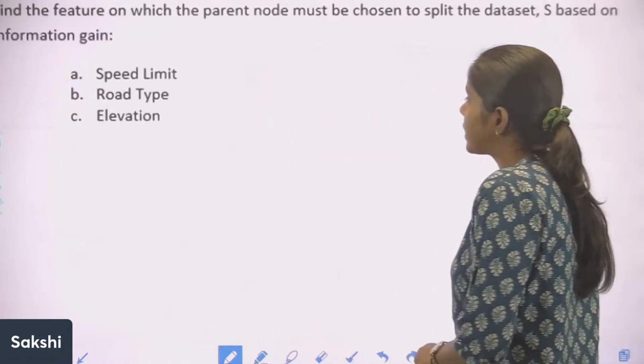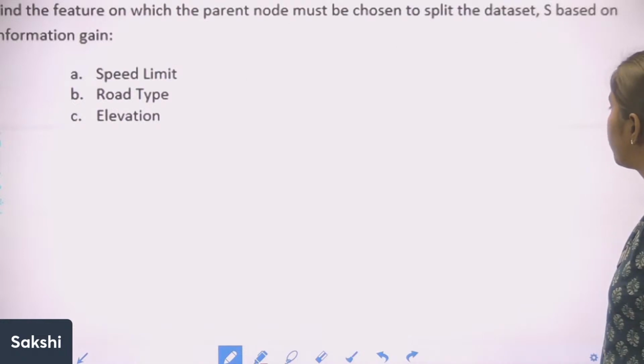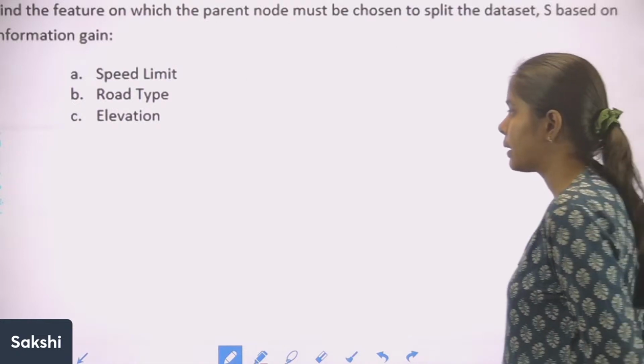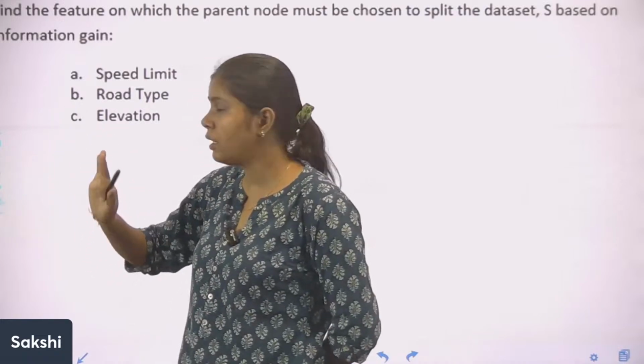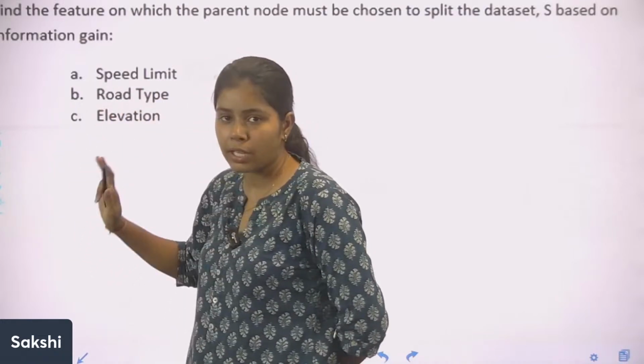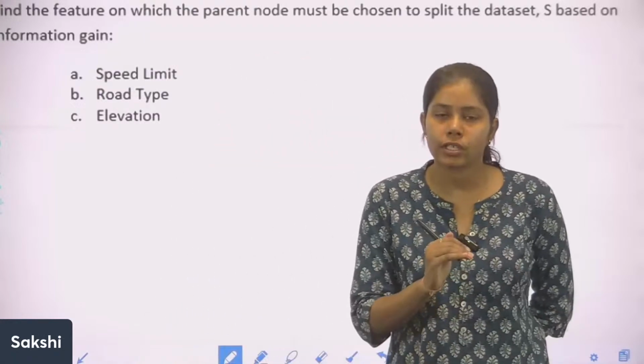Now the question here says to find the feature on which the parent node must be chosen to split the data set. They are asking whether I'm going to split the data set initially using the feature speed limit, road type or elevation. So for that I need to find out information gain for all 3 features.